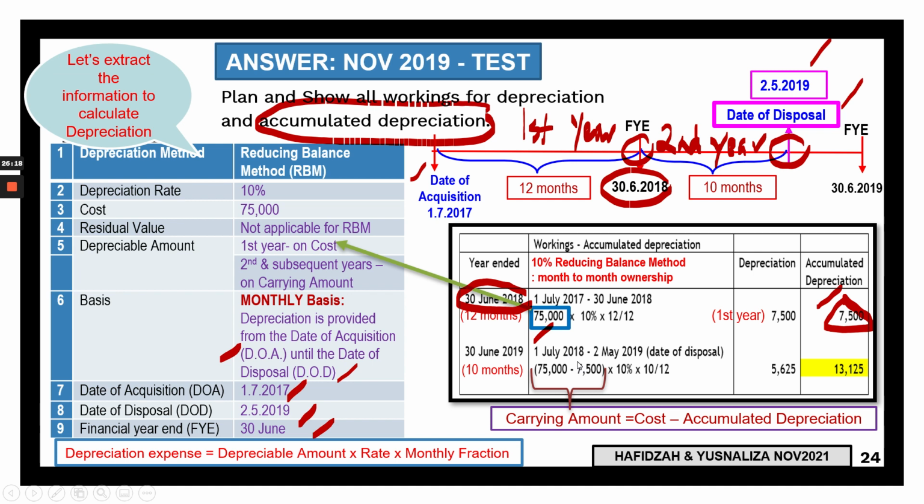So times 10% times 10 over 12. 10 over 12 is actually the monthly fraction, and that is the second year calculation. And you have the depreciation expense of 5,625, and if you add this with this, you will get 13,125, and 13,125 is the accumulated depreciation on the date of disposal. So that information will be used to calculate our gain or loss.